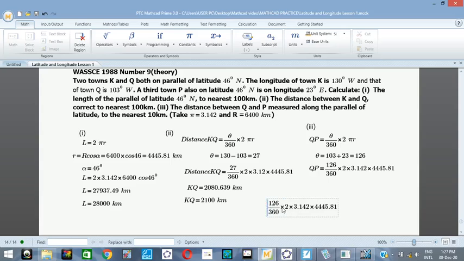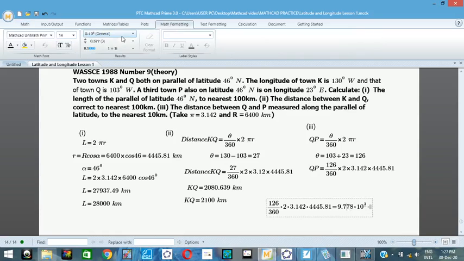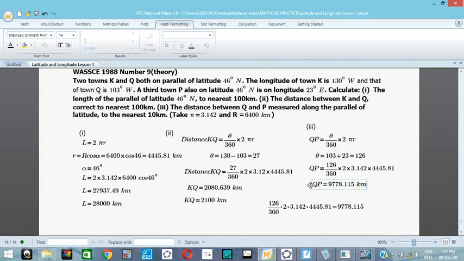Let me change it to times. Okay, one thing is missing. Okay, so this is our result now. Let me put it in decimal. So finally, QP is equal to 9778.115 kilometers.